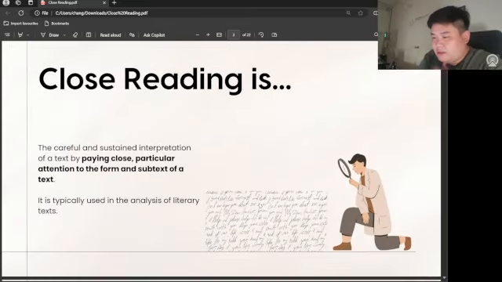Simply put, it refers to the careful and sustained interpretation of a particular text itself. That means we want to really pay close attention to every single little detail. So for lit students, what you typically pay attention to would be things like alliteration or other literary devices. Oh, why does the author describe this particular thing in this particular way? So on and so forth.